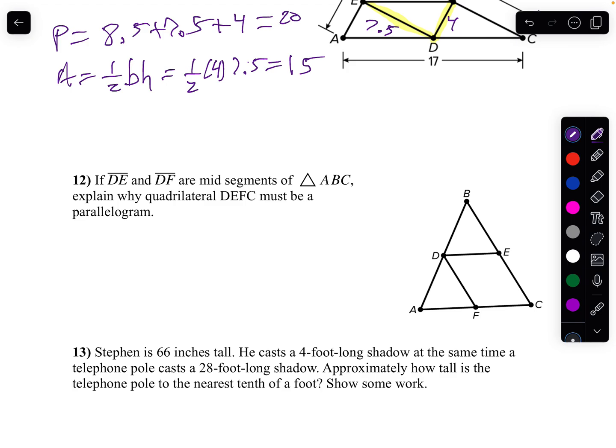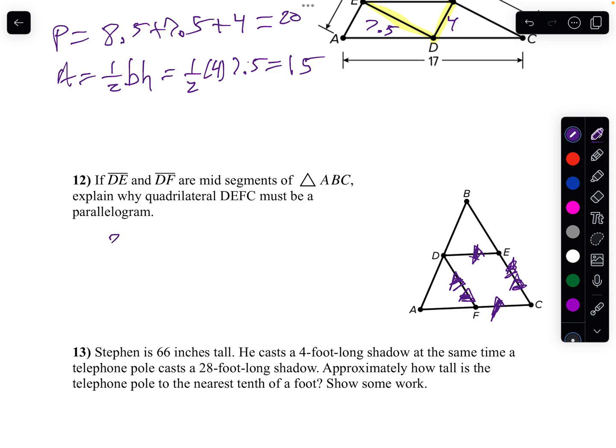Now, on number 12, why must this be a parallelogram if these are mid-segments? Well, if they're mid-segments, I know DE is parallel to AC. And I know DF is parallel to EC.